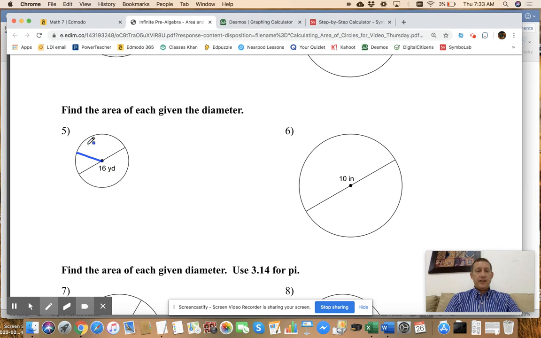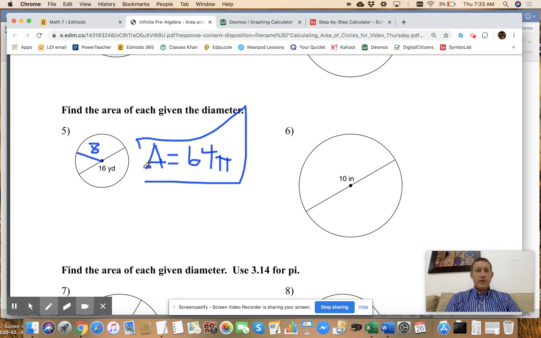So the diameter, if it's 16, then the radius is going to be half that, which is 8. So the answer to the area is going to be 8 squared, which is 64, times pi. And that's your answer. That's all you have to write.